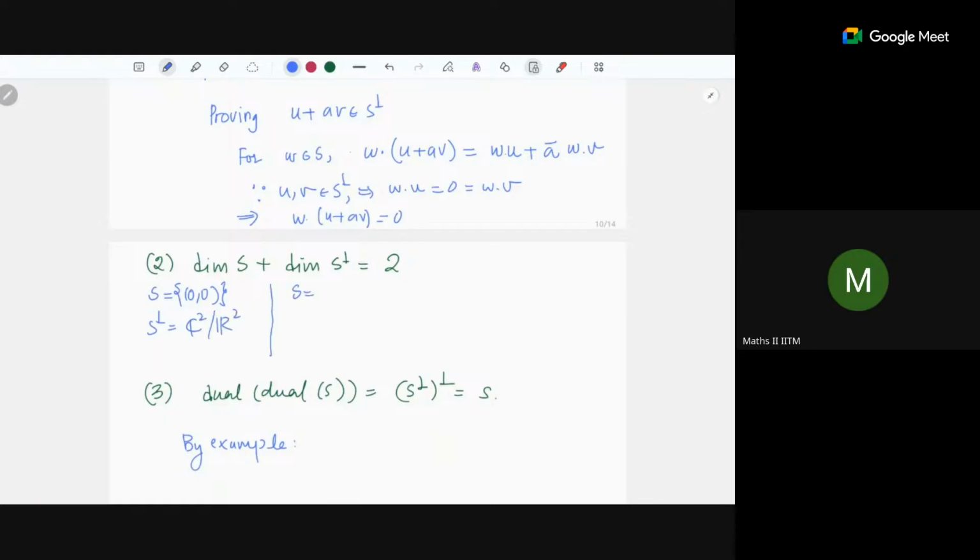If S is a line, or a span of a non-zero point, then S perp is a perpendicular line. It is again a line. And if S is the whole plane, then S perp is going to be the point. In each case, their dimensions add up to 2.